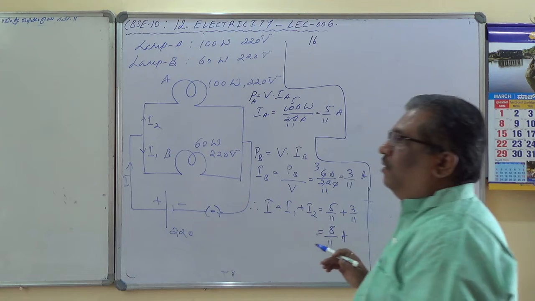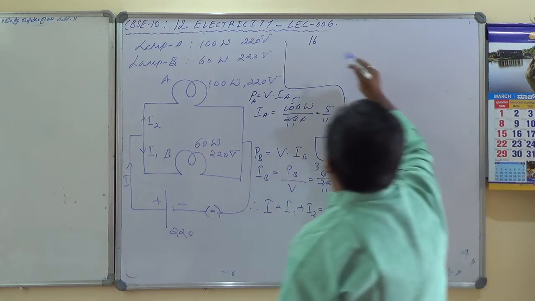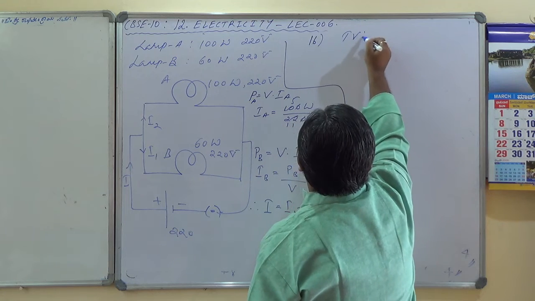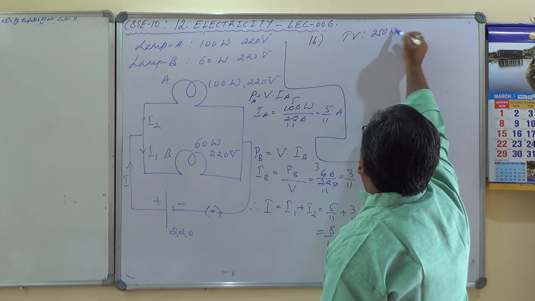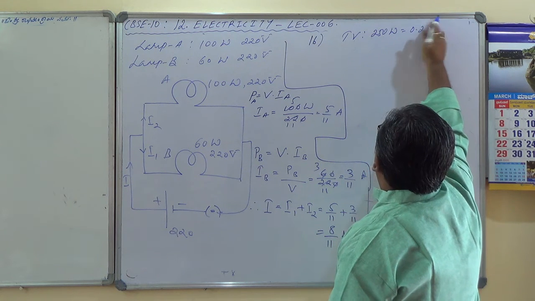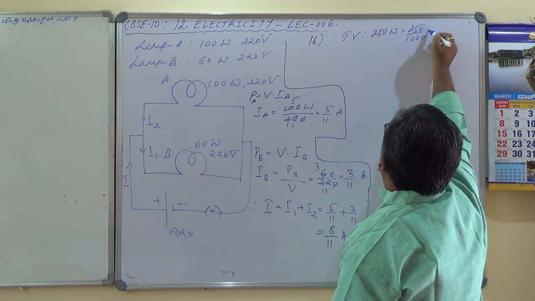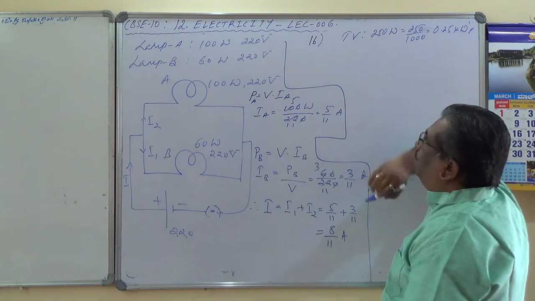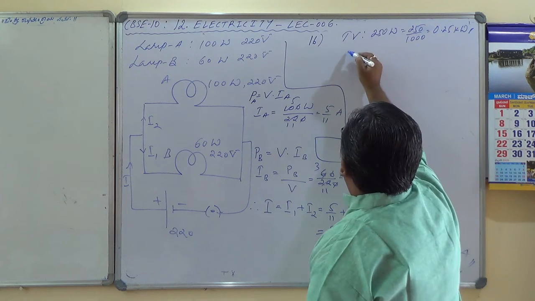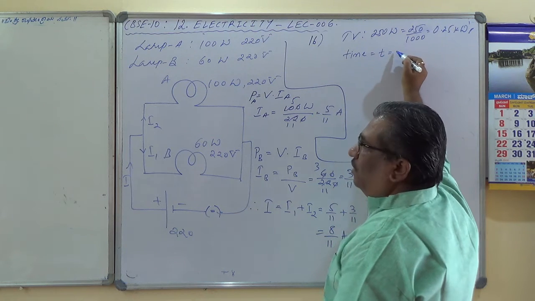What is the question? Which uses more energy, TV or a toaster? TV, the given information is 250 watts, which is 250 divided by 1000, which is 0.25 kilowatt. And time T equals 1 hour.